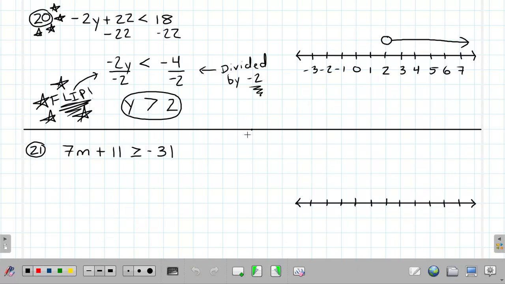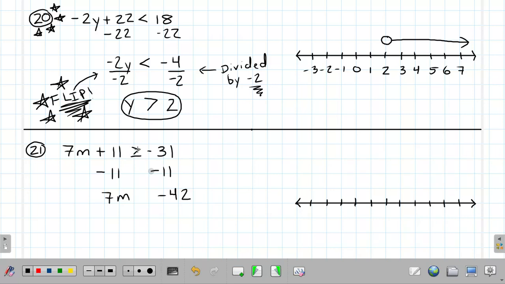Number 21, very similar here. Just go through and solve it like you would any two-step equation. Oh, I about made a boo-boo there. We are adding 11, so we need to subtract 11. So we get 7m over here, negative 42 on the right. Now we need to ask, what's our inequality symbol going to be?